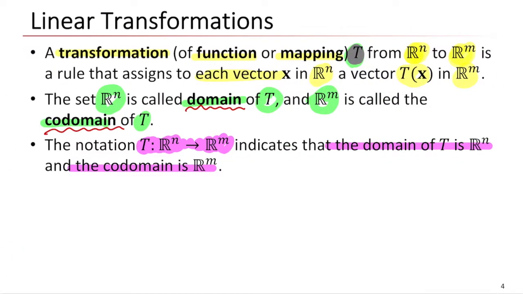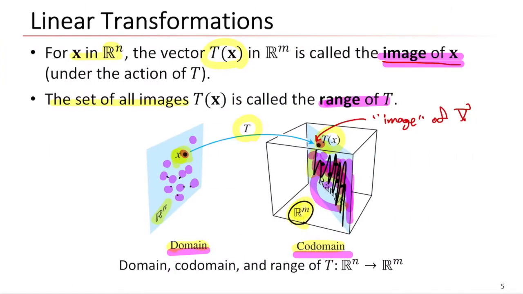There is some terminology related to the transformation. If the transformation T is from R^n to R^m, we can say that the set R^n is the domain of T, and R^m is the codomain of the transformation T, okay? This is the visualization of the domain and codomain.